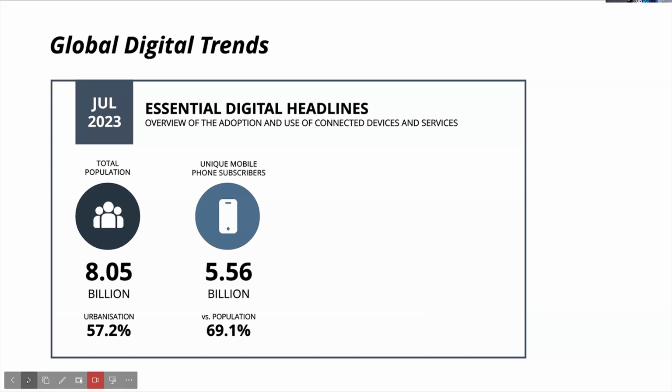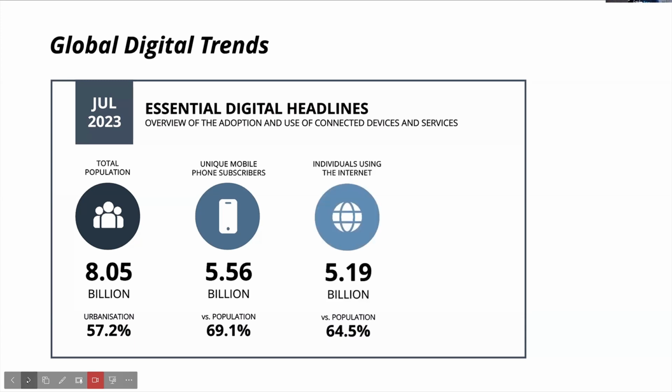If we look at the number of unique mobile phone subscribers, 69% of the population, or more than 5.5 billion, are mobile phone subscribers. So people have devices, they have it in their hands, and they're looking for information in their hands. If we go further to understand how many individuals are using the internet, it's greater than 5 billion, or 64% of our population.